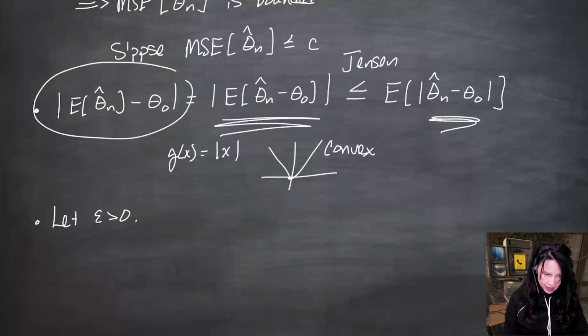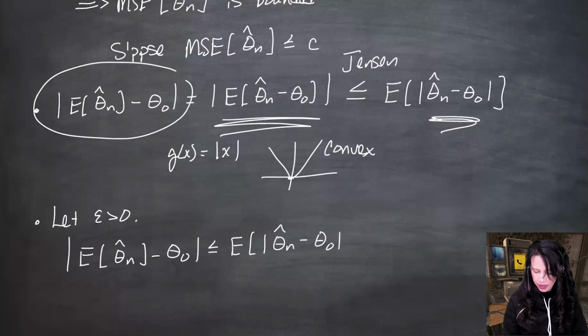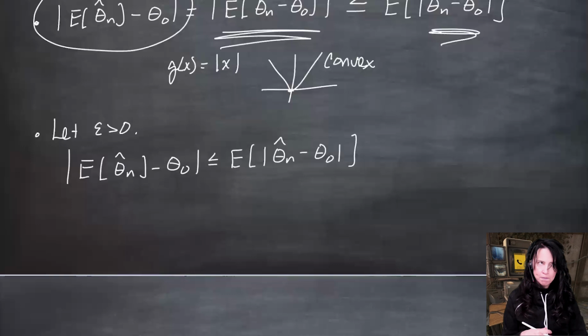I've got the absolute value of the expected value of theta n hat minus theta naught less than or equal to the expected value of the absolute value of theta n hat minus theta naught. And now I'm going to rewrite the absolute value inside. I'm going to write this with some indicators.